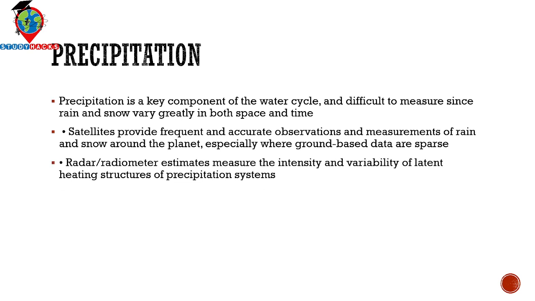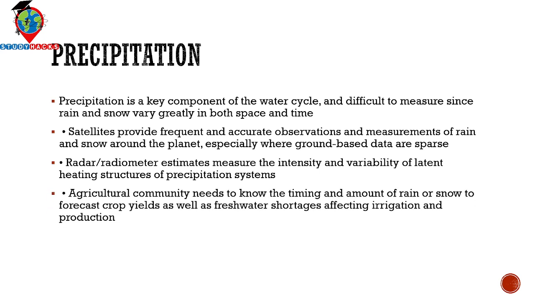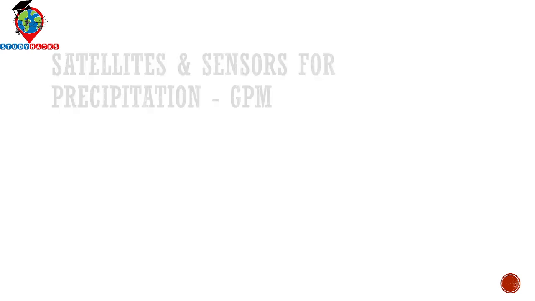Radar or radiometer estimate and measure the intensity and variability of latent heating structure and precipitation systems. The agricultural community needs to know the timing and amount of rain or snow to forecast the crop yield, as well as freshwater shortage affecting the irrigation and production.